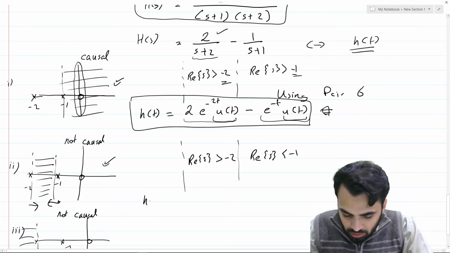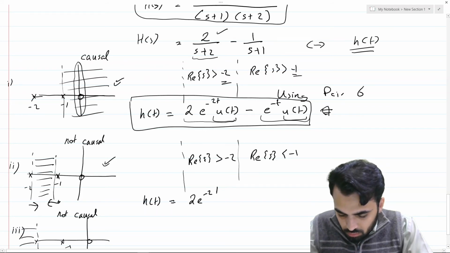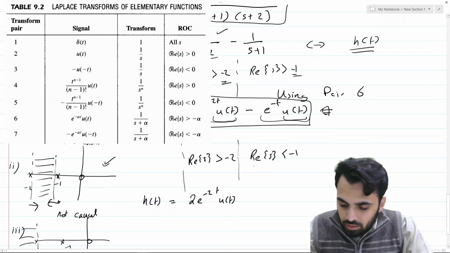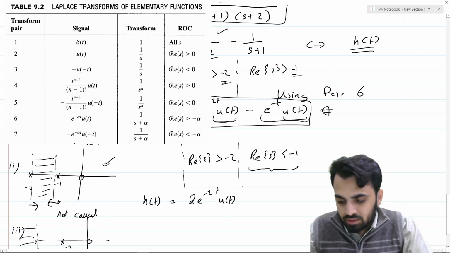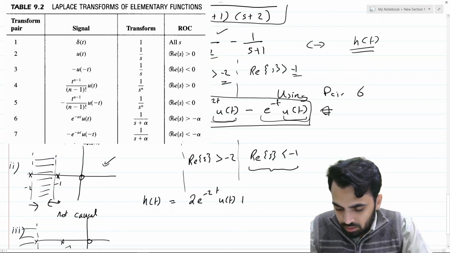Hence we would have h of t equal to 2e to the minus 2t u of t, and using pair 7, we would have minus e to the minus t u of minus t, so this would become plus e to the minus t u of minus t.